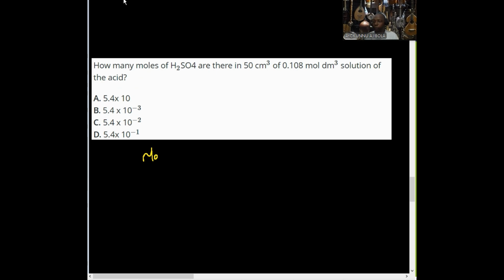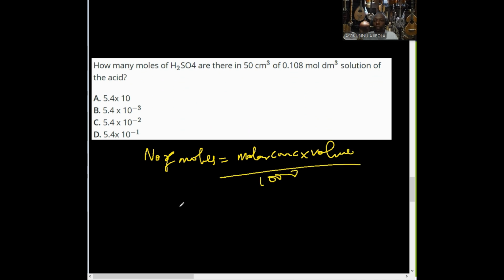Moles equals the molar concentration times volume over 1000. So we have 0.108 times 50 divided by 1000. So multiply this and tell me what you have.